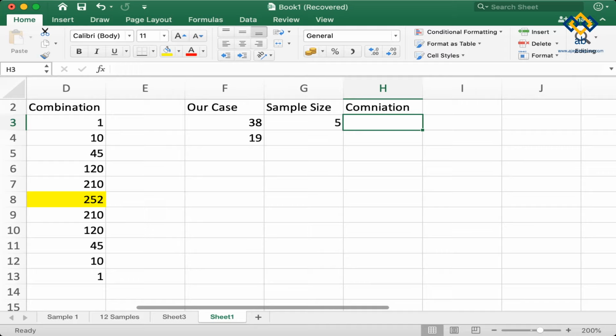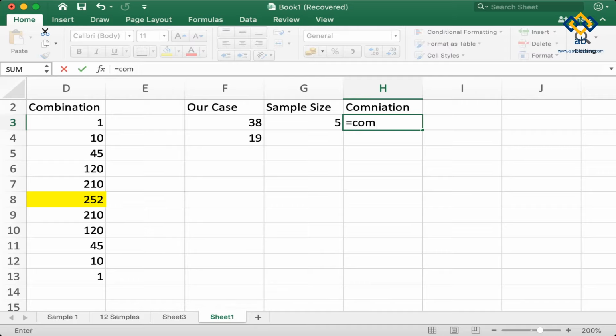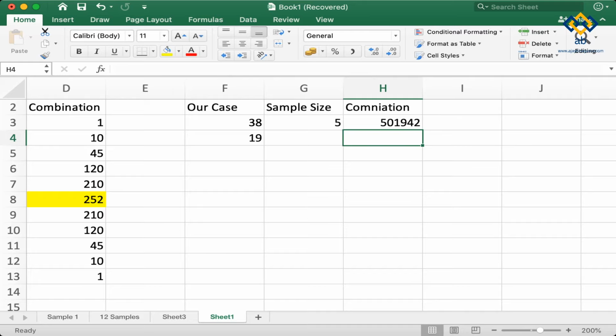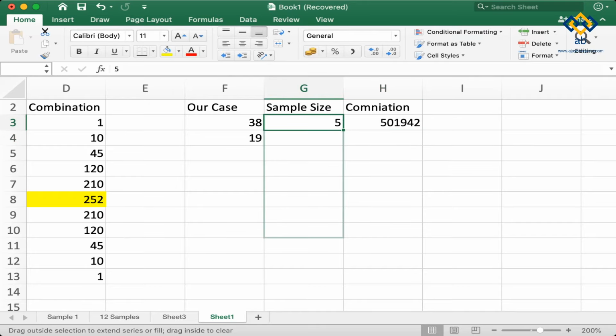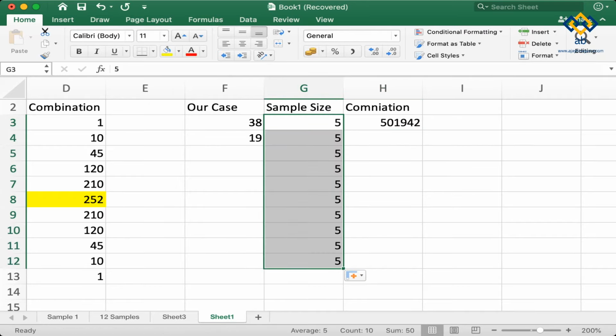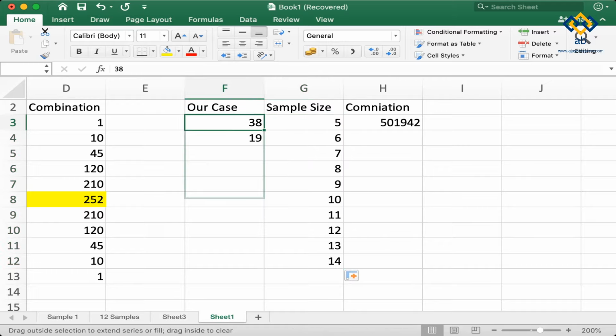The combination story is combine NCR, and it is 5 lakh this time. You increase this, right? I am filling this series and let it be the same.